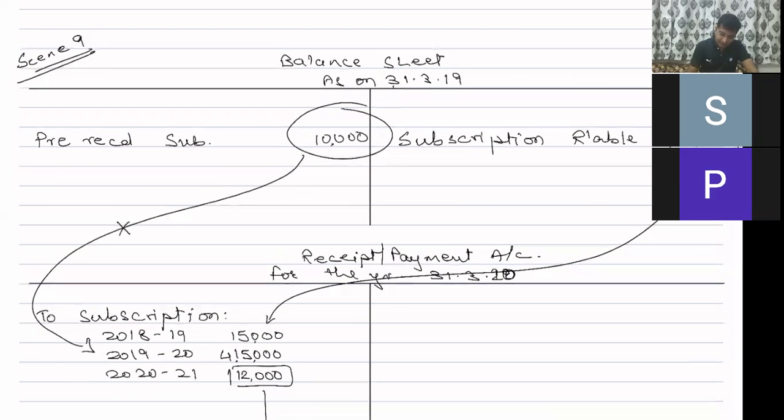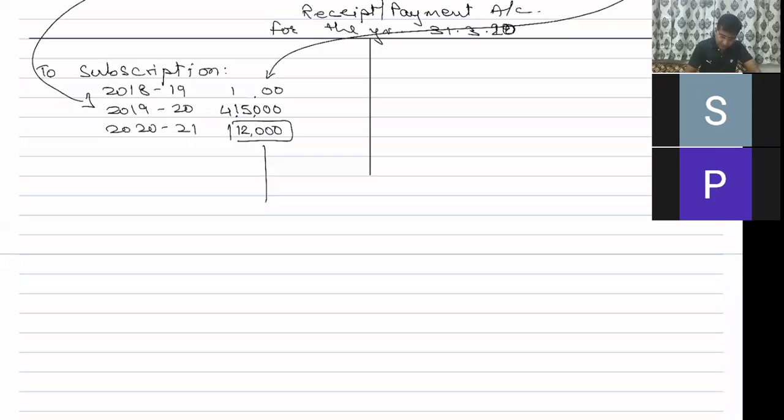Here I've been given 12,000. This 12 will confuse again. Suppose here I've been given 11,000, and the rest of the information is same.